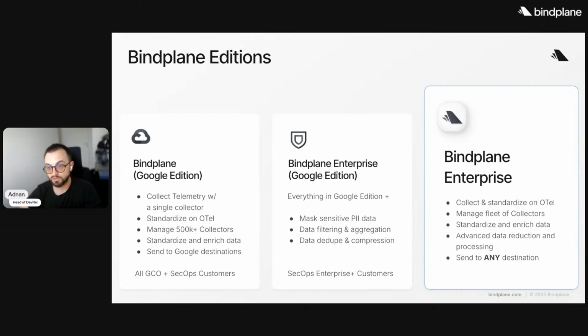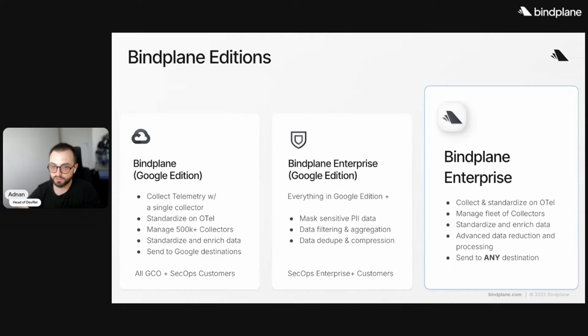This actually also is mirrored in the Bindplane Enterprise Google Edition, but you get the option of extended features for masking sensitive PII data. You get advanced data filtering, you get advanced data dedupe and compression, but you also get the option to do data migration. So for 12 months, you can send to 1 additional destination that isn't within Google.